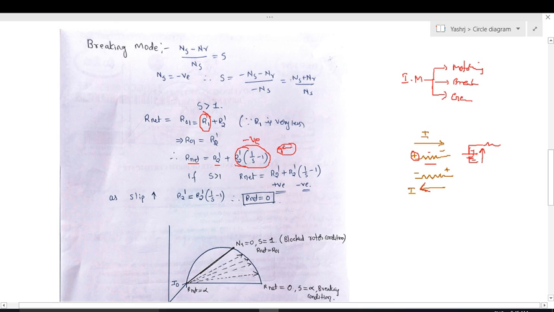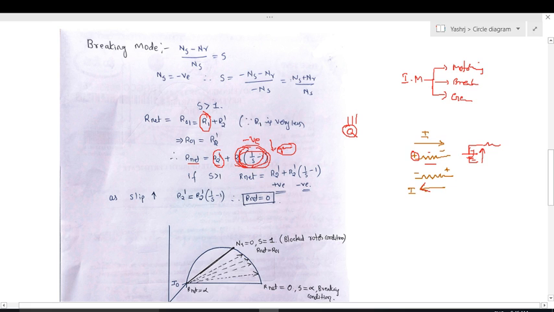Immediately after applying the braking to the induction motor, this negative value will be maximum, and by increasing the braking, the negative value decreases and only R2 dash exists.